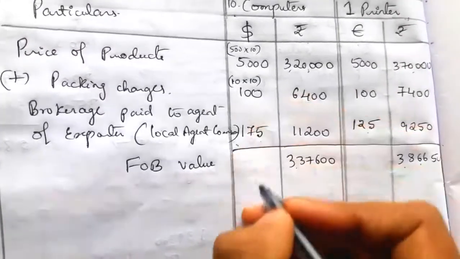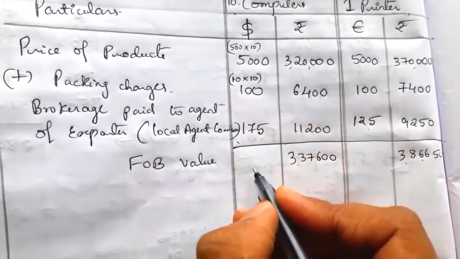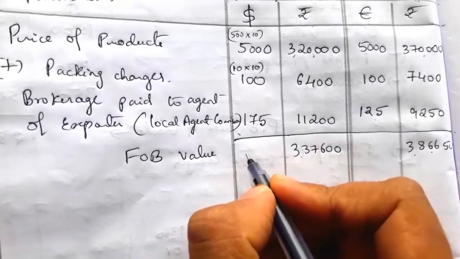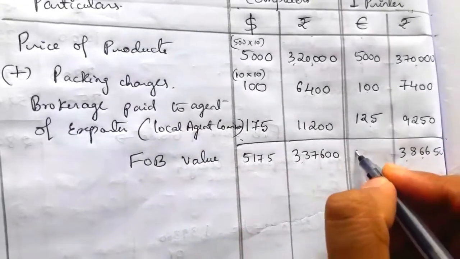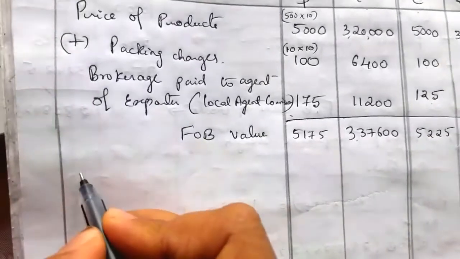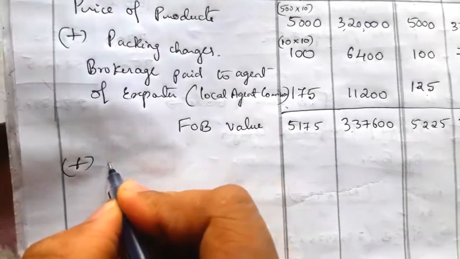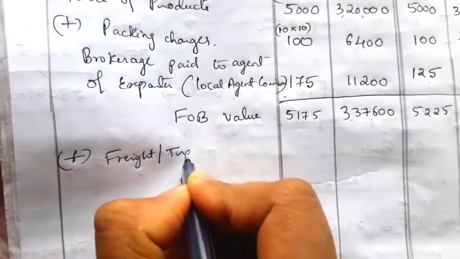If you want total this, you can total this also. Here we have all the values, and if you don't total also no problem. 5,175, 5,225. So next we have to add the freight or transportation charges after FOB.